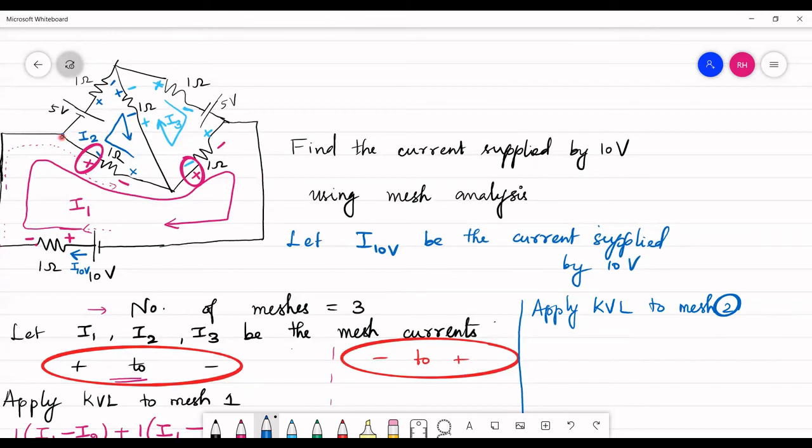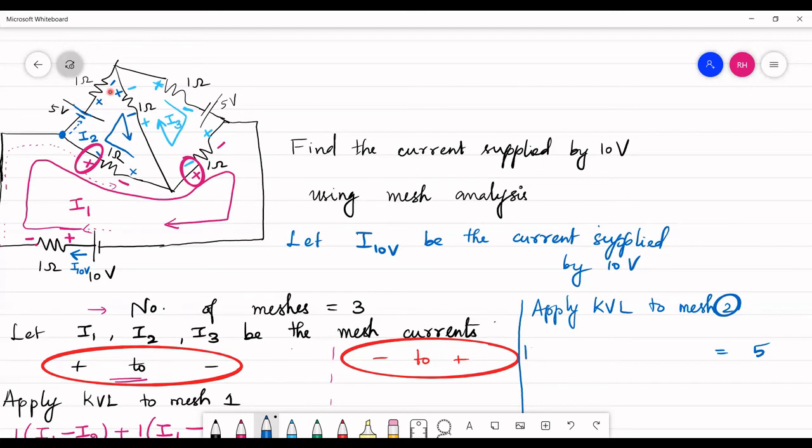Randomly, let me select one point, and from this point, I'm going to take a walk. When I walk from minus to plus, I see 5 volt. And then if I continue my travel, I travel from plus to minus.